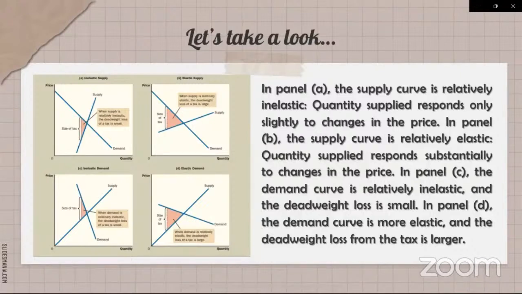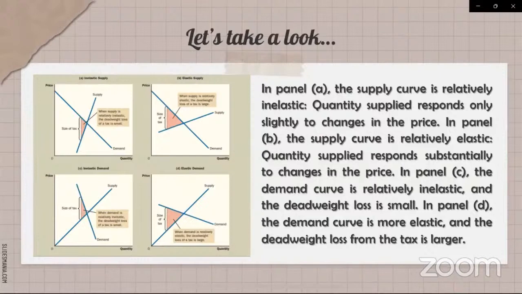A tax has a deadweight loss because it induces buyers and sellers to change their behavior. The tax raises the price paid by buyers, so they consume less. At the same time, the tax lowers the price received by sellers, so they produce less.